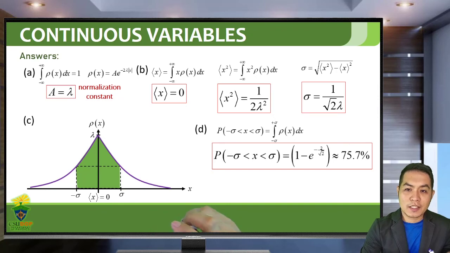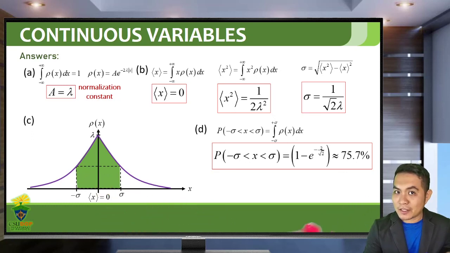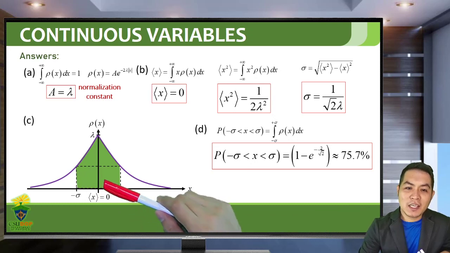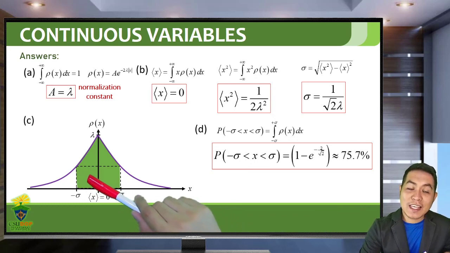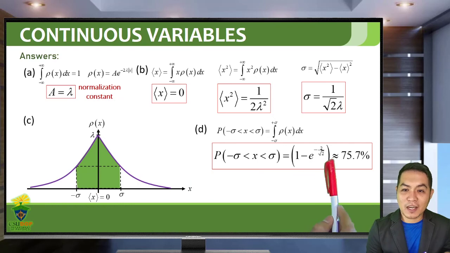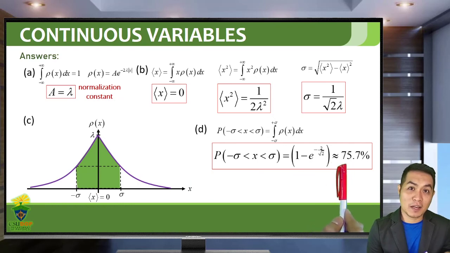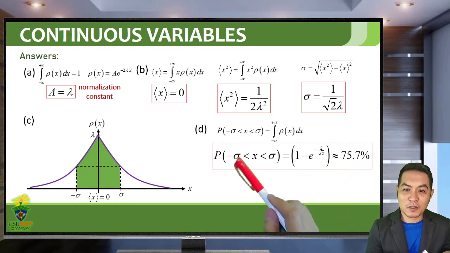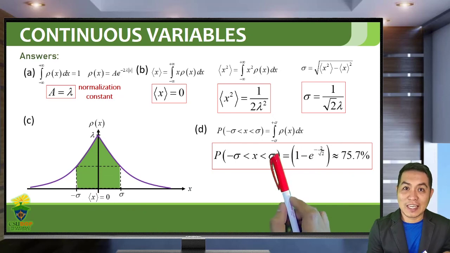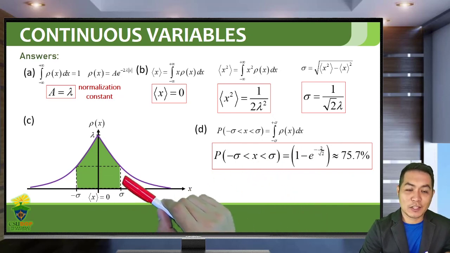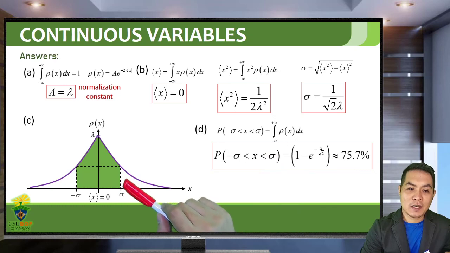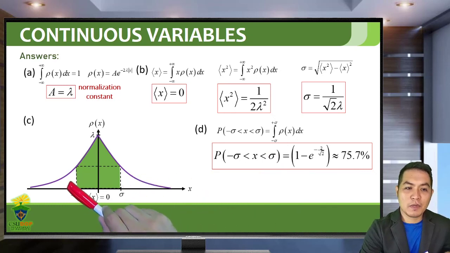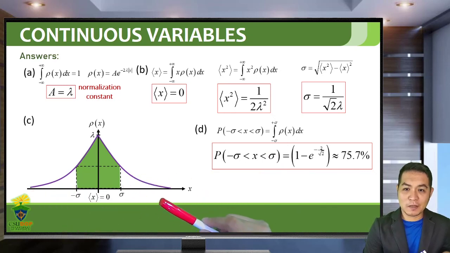So there's a 75.7% chance that your value of x is within this region. If you are asked to find the probability that x lies outside this region, you just subtract 75.7% from 100%, and you will get 24.3%. That's the chance that x lies beyond sigma and beyond negative sigma.